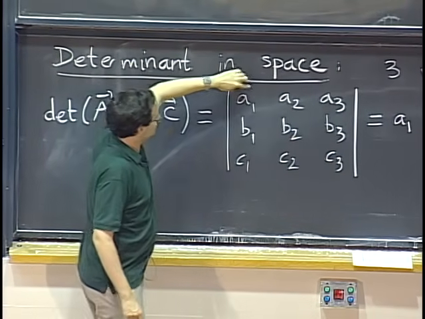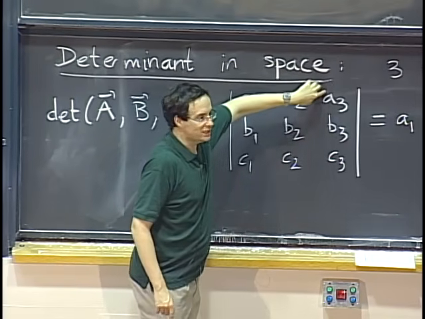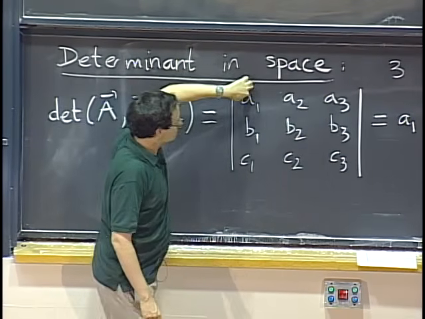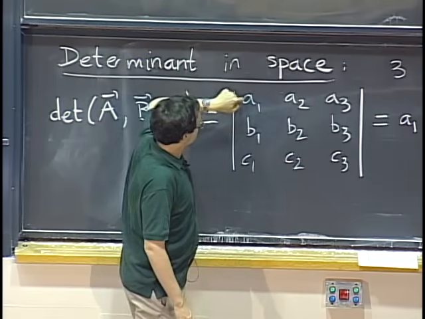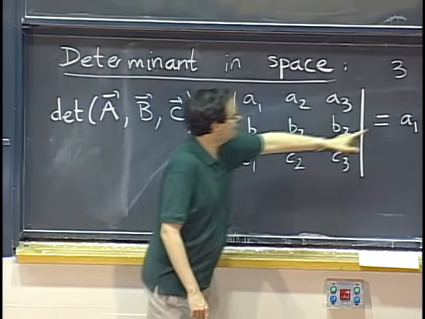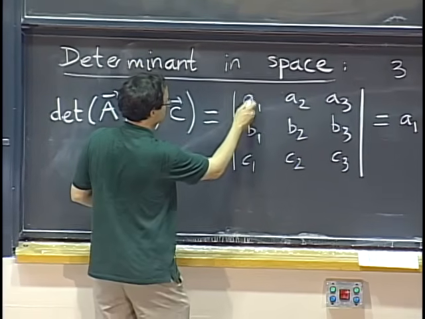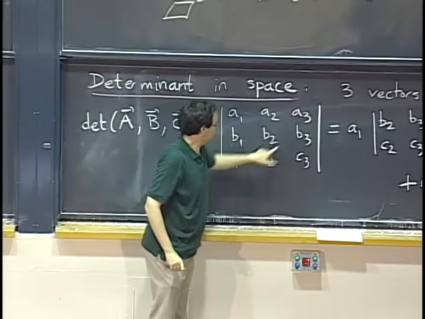So we're going to take the entries in the first row, A1, A2, A3, and for each of them, we get a term. Namely, we multiply it by a 2 by 2 determinant that we get by deleting the first row and the column where we are. So here, the coefficient next to A1 is, well, we delete this column and this row, and we're left with B2, B3, C2, C3.